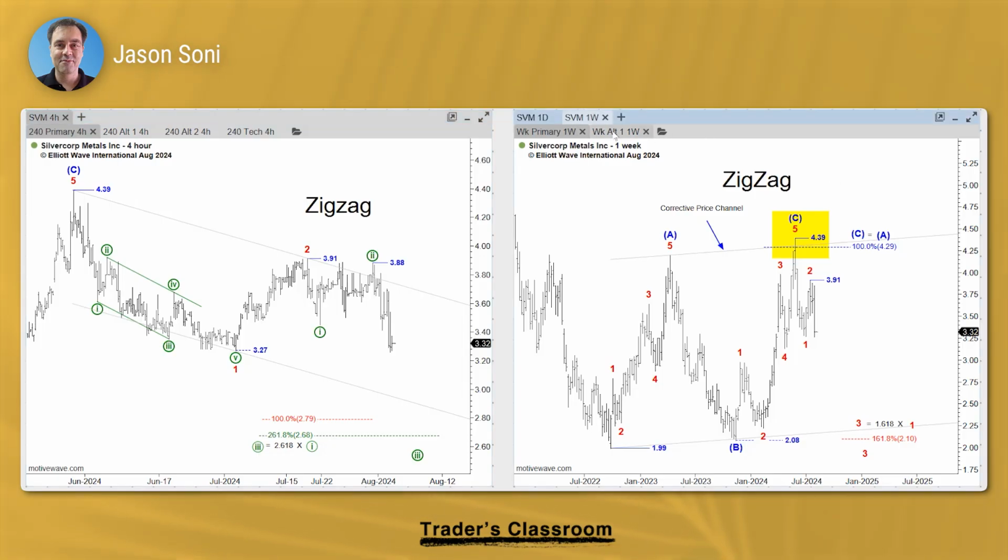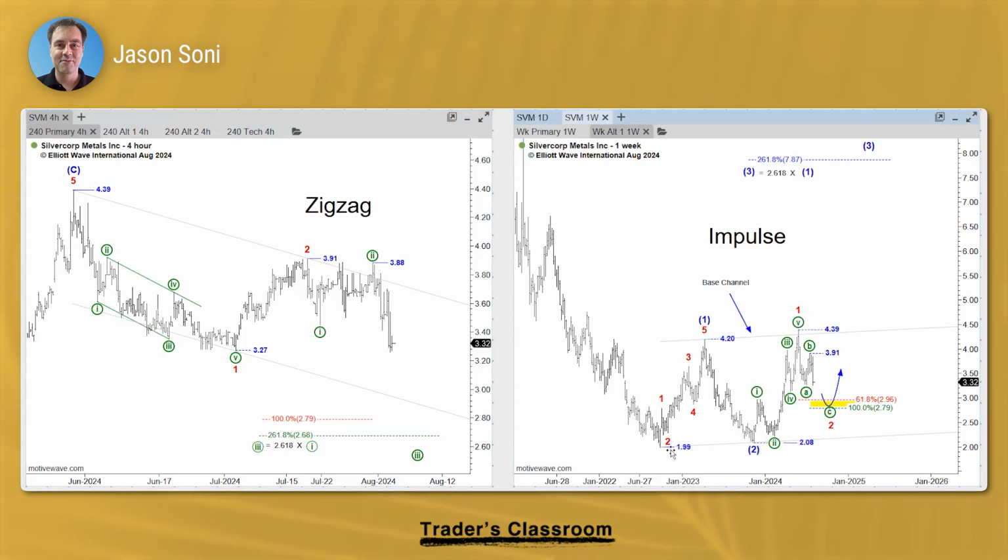However, in this case, I still wouldn't rule this out. And depending on this pullback, if it remains as a 3-wave pullback and you don't see the expected downside, if you're looking for the completion of a move into 439, then instead of labeling this as A, B, this has to be 1, 2, and you're expecting a significant breakdown over the next few weeks in a third of a third wave.